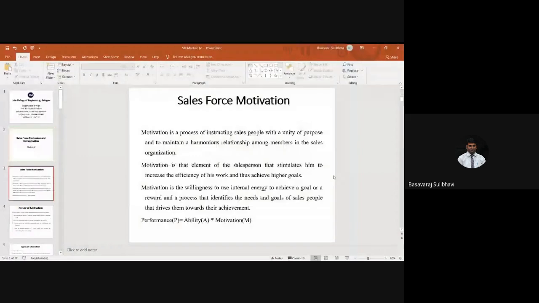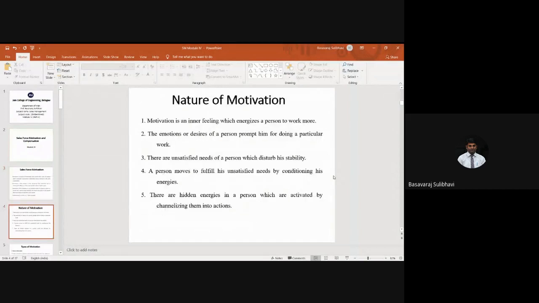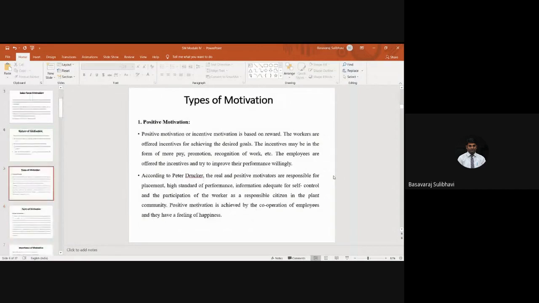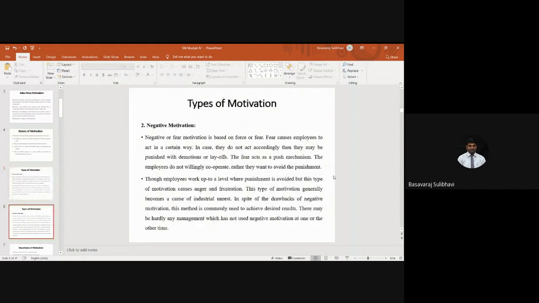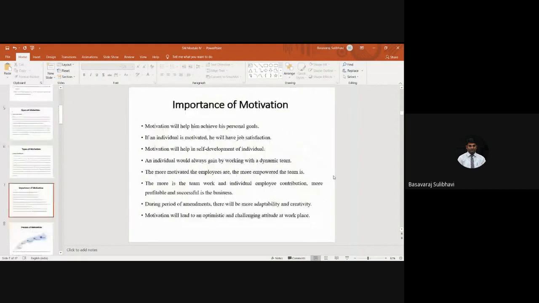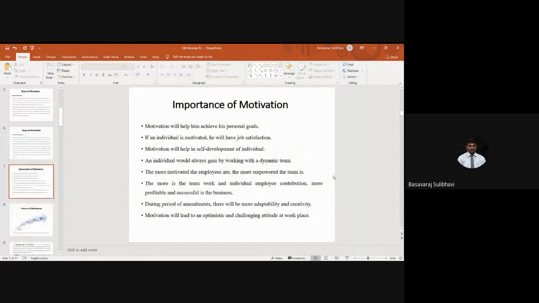We have gone through the meaning of motivation, the nature of motivation, the types of motivation like positive and negative motivation, and the importance of motivation, a few of which were listed on your screen.